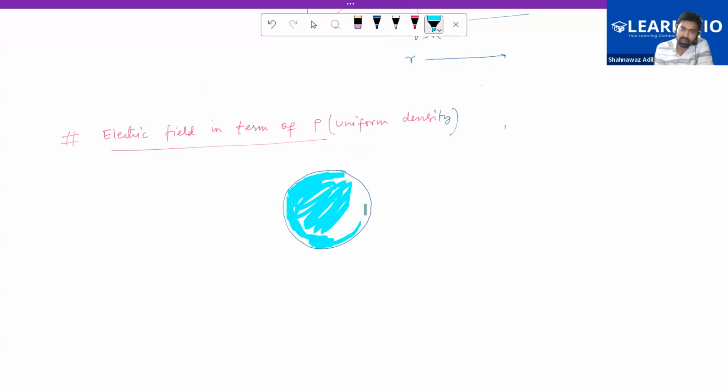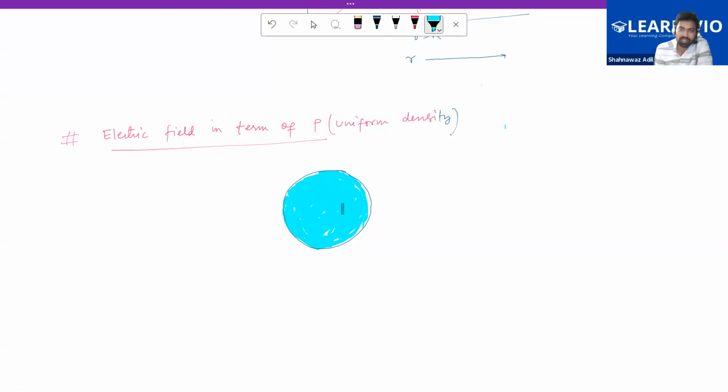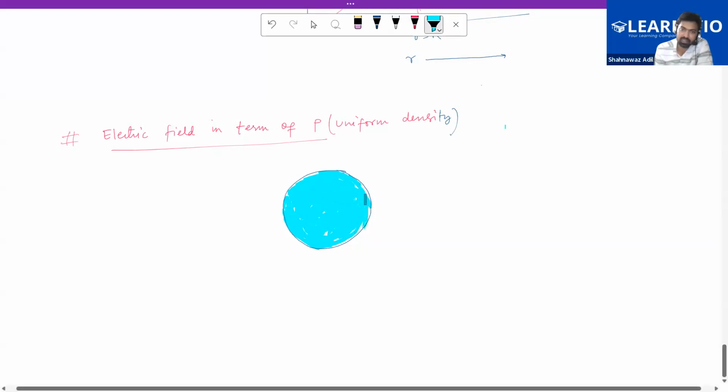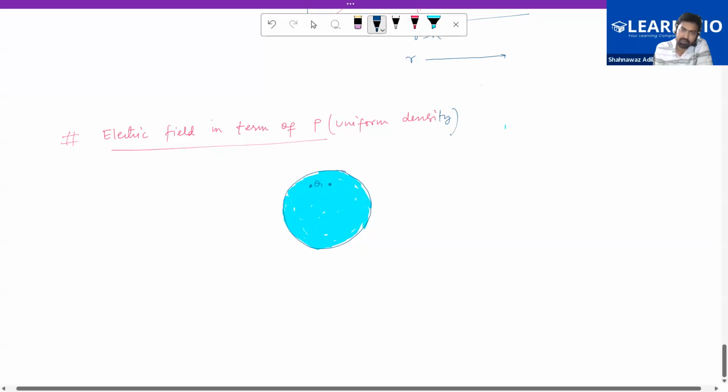If this were a hollow sphere, then we would have a surface charge. But this is solid and also non-conducting, because if it were a conducting sphere, all the charges would reside on the surface, and we would again have to use surface charge density. So we can have two points: this is the Q point and this is the P point.